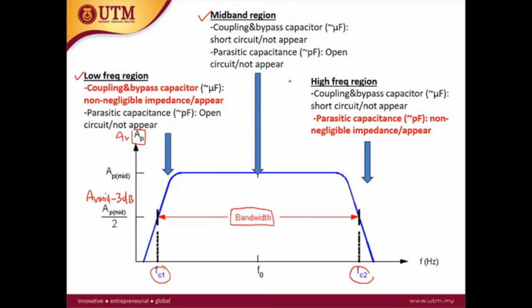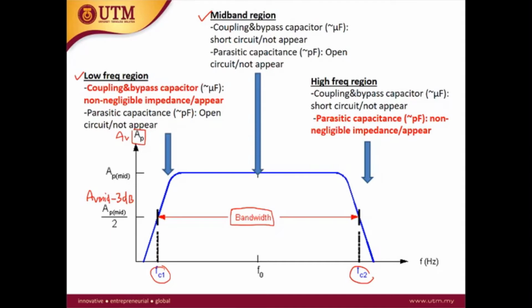So in the mid-band operating region, this parasitic capacitance has quite a high impedance, significantly higher than the value of the resistance. In this case, the parasitic capacitor will not appear because it is considered an open circuit. So we will not draw the parasitic capacitor in the mid-band region.